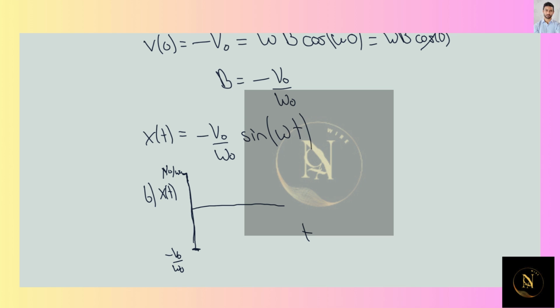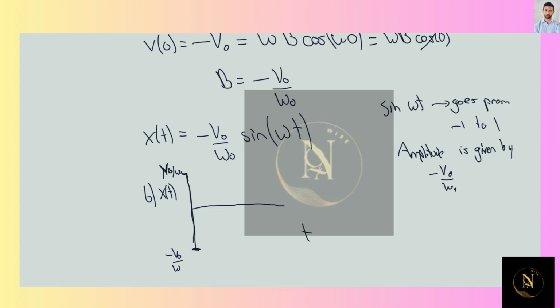Since sine of omega t goes from minus 1 to 1, the amplitude is given by the factor minus v0 over omega 0. So essentially the amplitude is going to be v0 over omega 0, as I mentioned before.